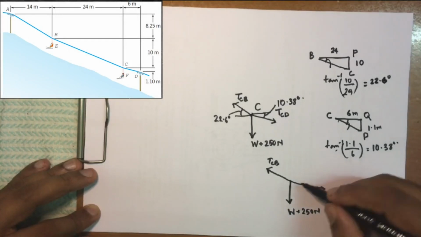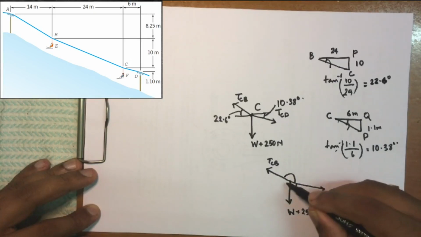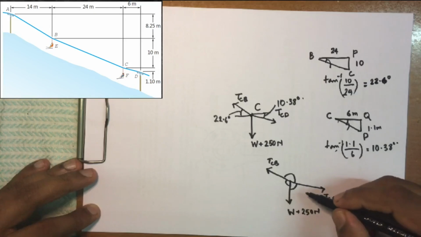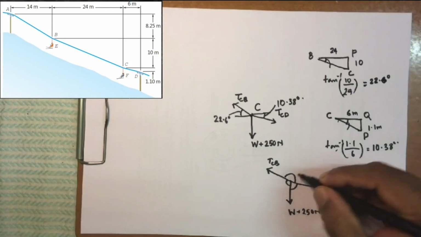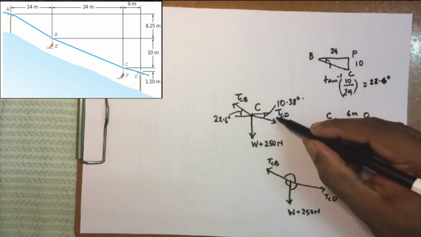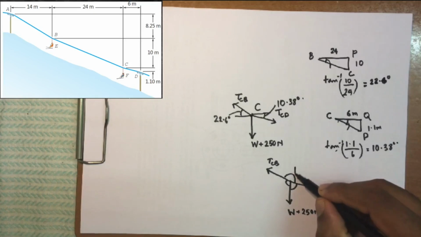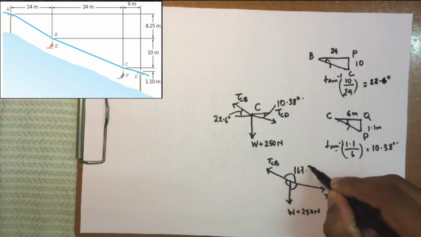Now I just have to find out this angle and this angle separately. This angle will be 180 minus 22.6 plus 10.38, which will roughly come out to be 167.7 degrees.